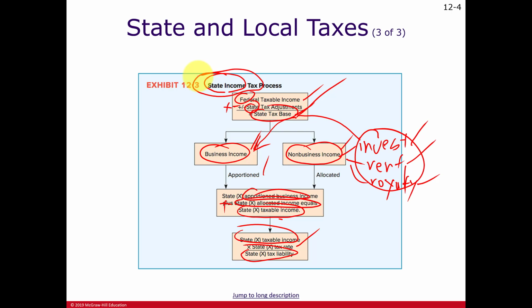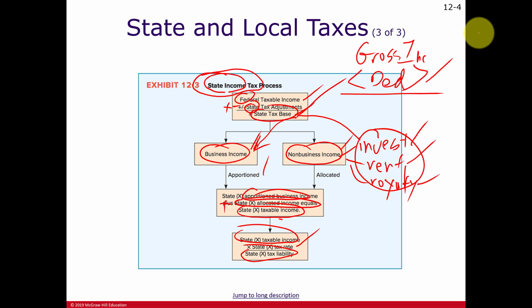Net income meaning that you have gross income and you minus out deductions to get the taxable income. As for sales tax, you really don't subtract out any deductions. There may be a few, like bad debt, but generally you don't subtract out deductions when you calculate sales taxes.